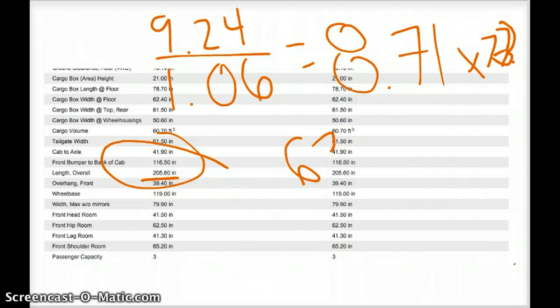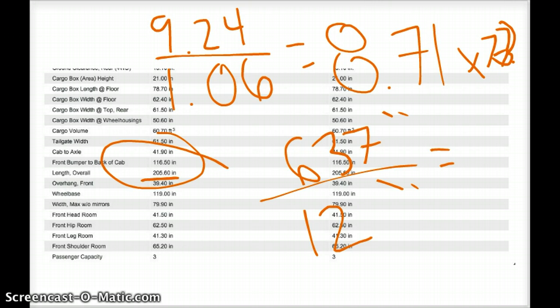So 637 inches, or take this and divide it by 12 inches, and I would get 53 feet. So that's how I would go about solving.